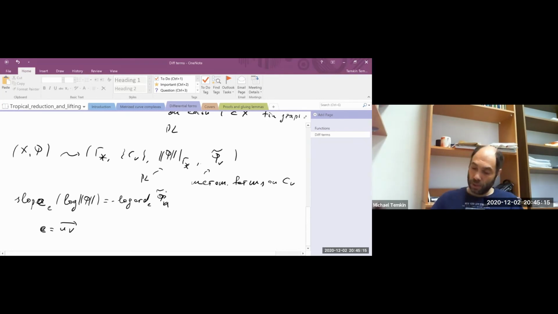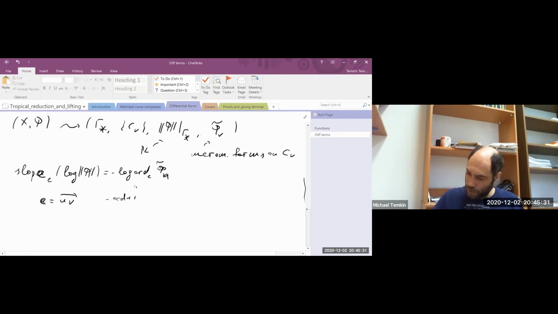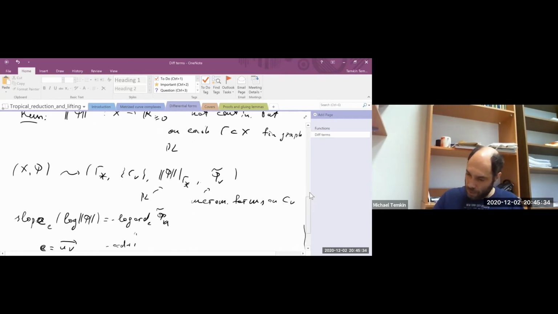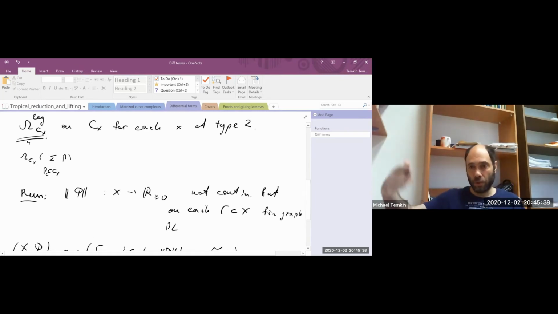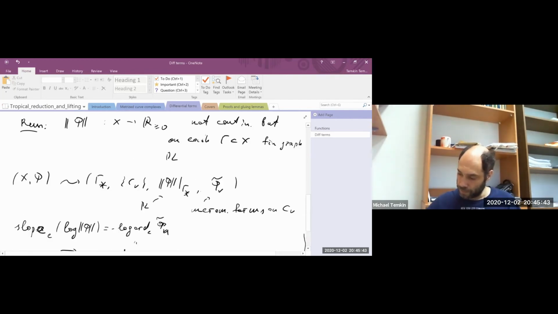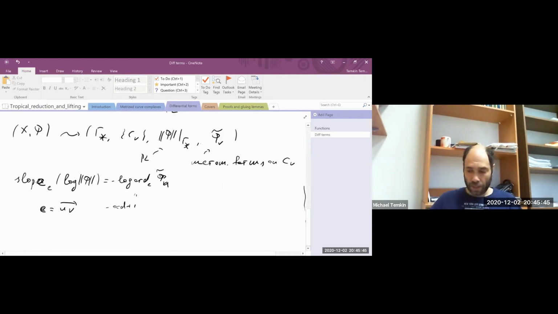Just the same rule as we have seen before, but the order should be taken with respect to the logarithmic sheaf. This is just the order plus 1, because we must compute our order with respect to this sheaf, not with that. So we compute the logarithmic order of a form. It's shifted by 1.